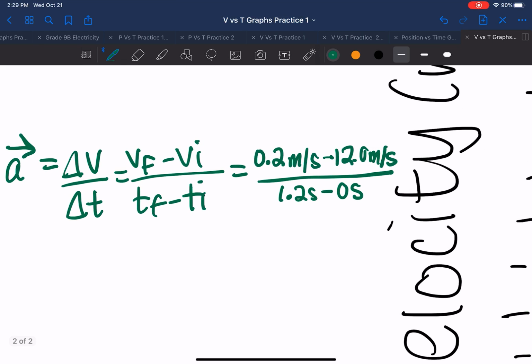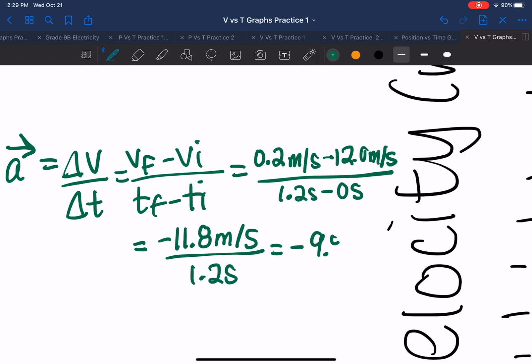And that will give us minus 11.8 meters per second divided by 1.2 seconds, which equals negative 9.8 meters per second squared. Because if you go negative 11.8 divided by 1.2, you get negative 9.8 meters per second divided by seconds. You're actually multiplying these two second values to get our squared, okay? So we notice negative 9.8 meters per second squared.